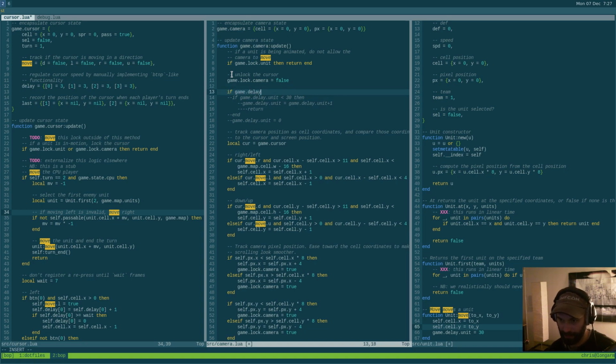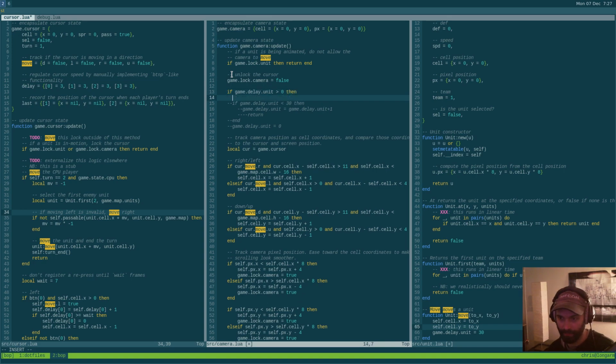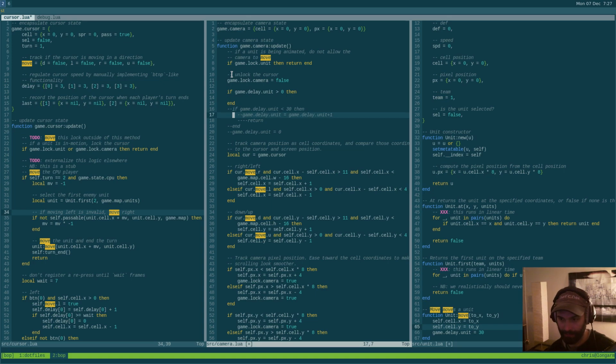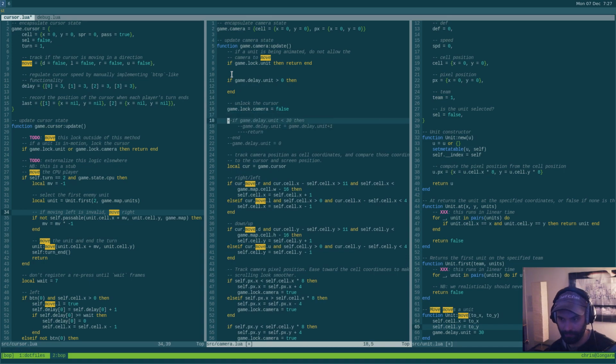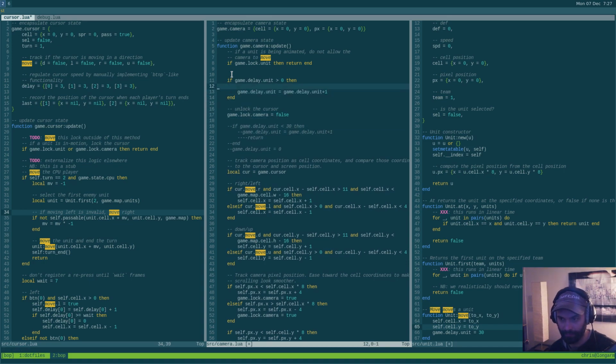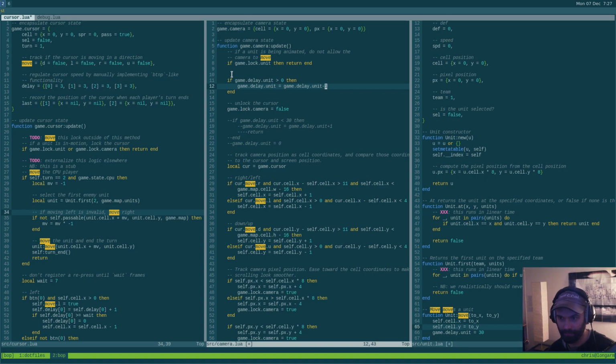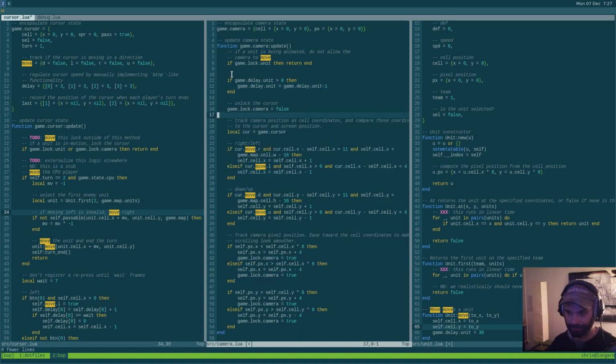If game.delay.unit is non-zero, greater than 0, then decrement it and end. Right?